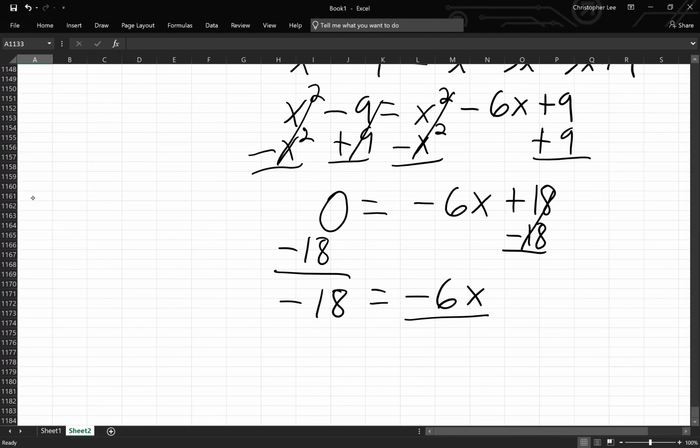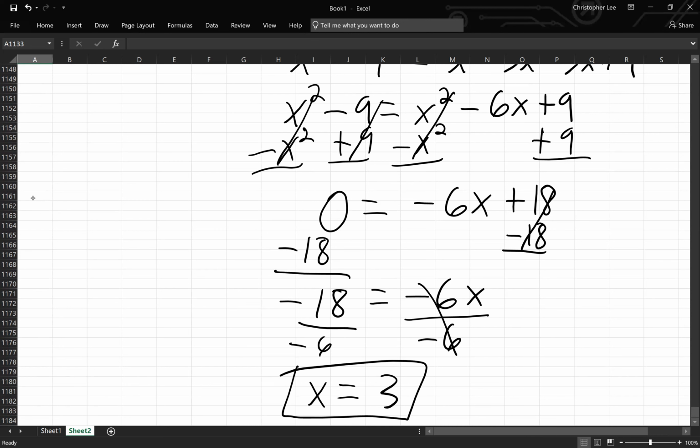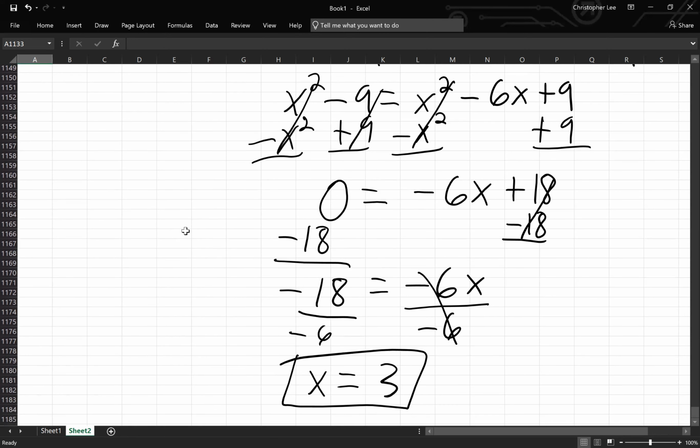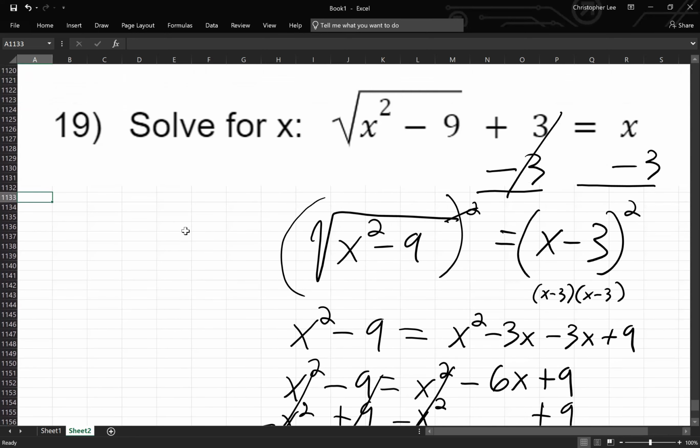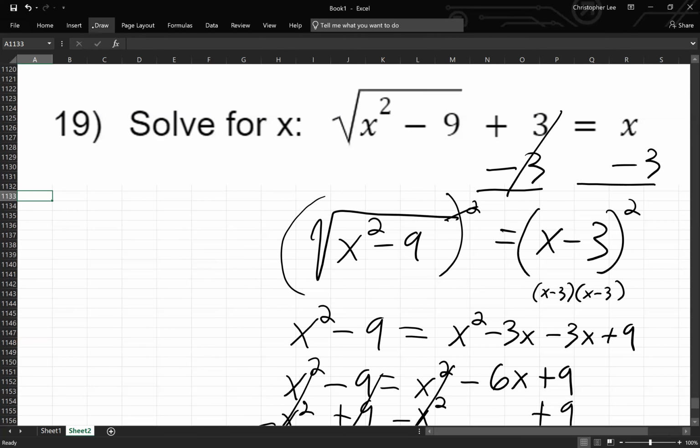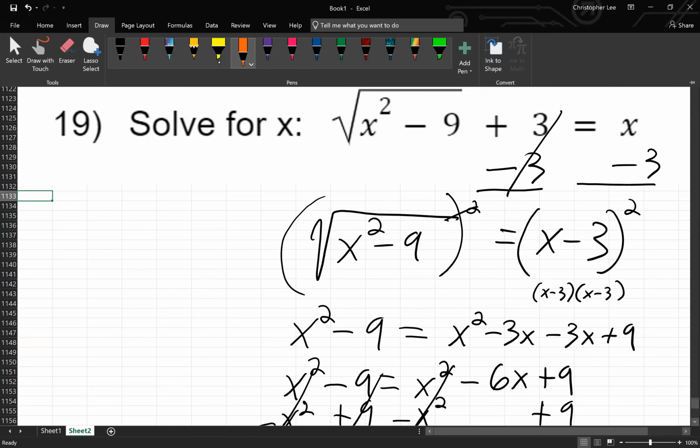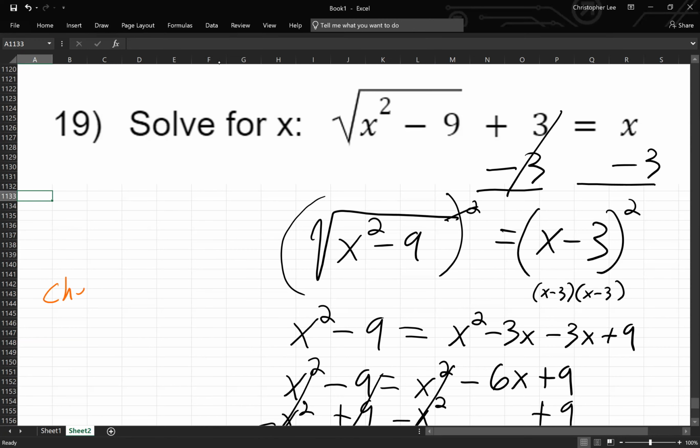I'm gonna divide by negative 6. What I do to one side, do to the other. Well, what is negative 18 over 6? Like 3 or so? All right, so we good. What do I do after that? You gotta check it. Good. I forgot. All right. So let's check this out.